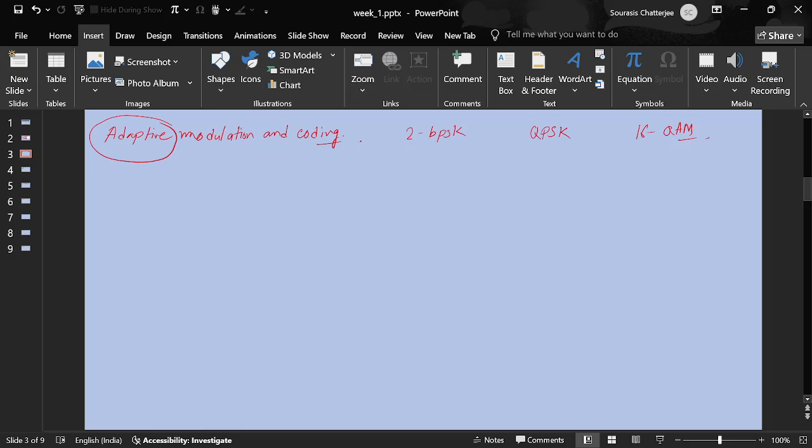It needs to be modulated and coded. Why it's needed, I'll come to that later. But can one of you tell me what is the difference between these things like BPSK or QPSK or 16 QAM? What do I exactly mean by that? I'm sure many of you are familiar with these terms. So what do they really represent?